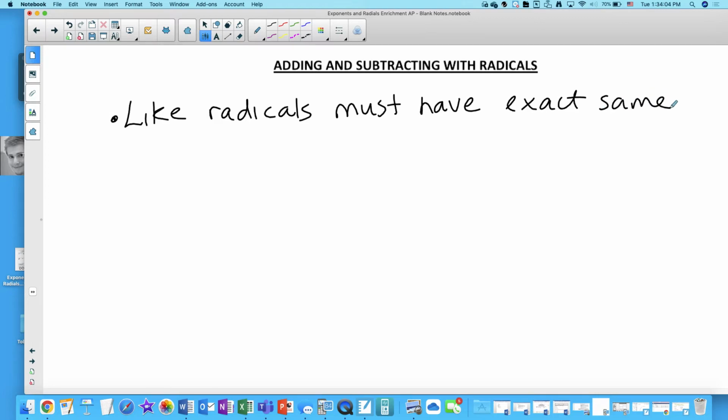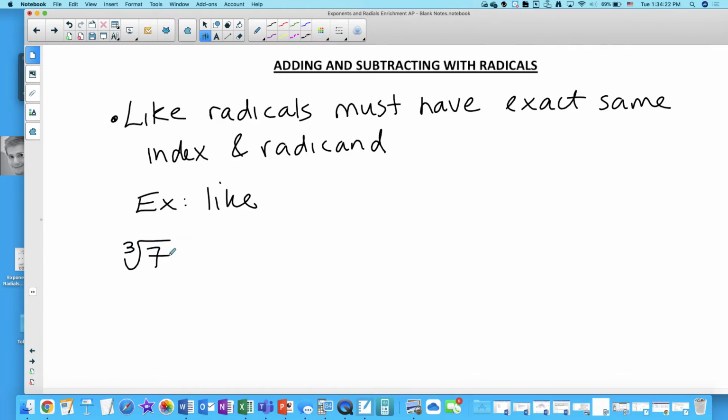For example, this kind of thing would be like: the cube root of 7 and negative 4 cube root 7; 6y square root of 2x and negative 3 square root 2x.